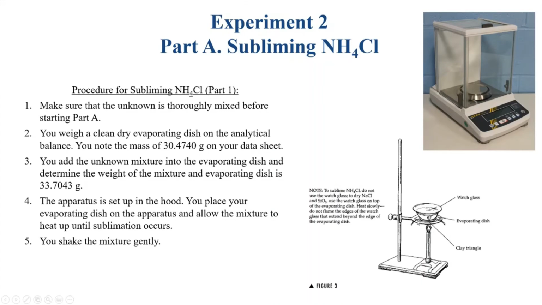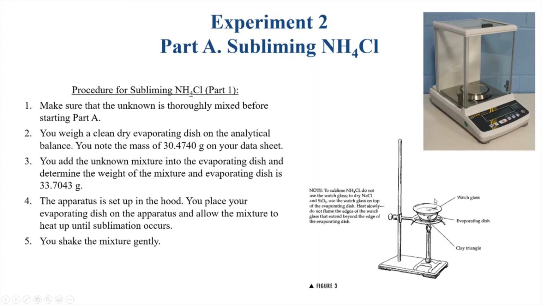A clay triangle is just a couple of pieces of wire in a triangular shape, and there are some clay O-rings that go around the metal. What this does is basically hold your evaporating dish. And then underneath it, we're going to put a Bunsen burner, which is what we're going to use to heat this up. So this would be set up for you in the hood. It would look exactly like this.